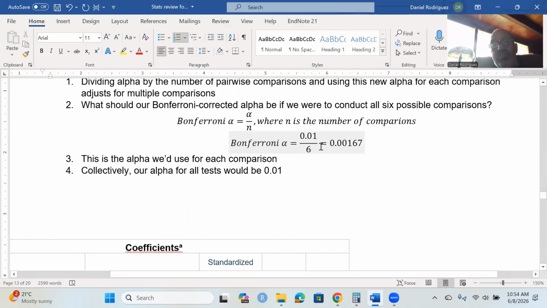To be statistically significant for the overall test, my p-value, the probability of the observed result or greater given the null hypothesis is true, needs to be below 0.01. But if I'm doing 6 tests, it's 0.00167 for each test. Collectively, that makes the alpha 0.01.